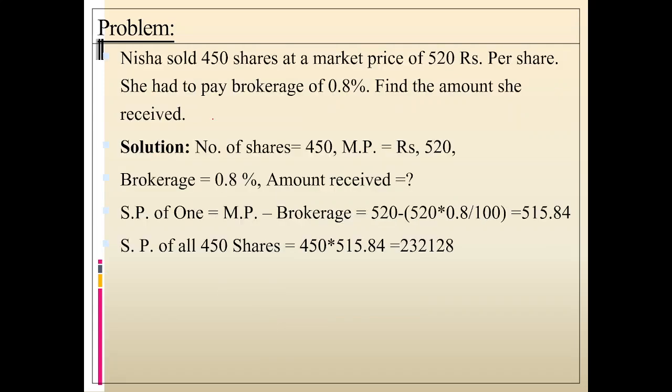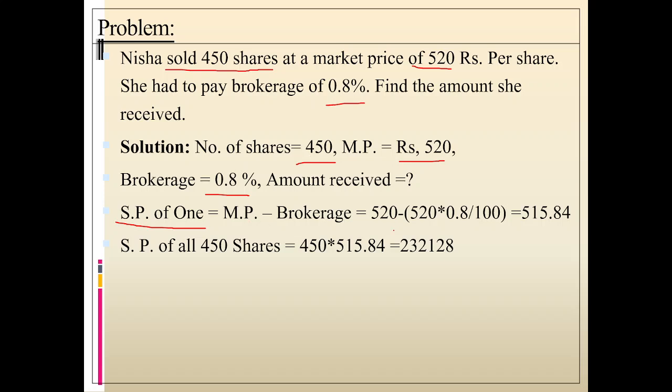Then Nisha sold 450 shares at a market price of rupees 520 per share. She had to pay brokerage of 0.8%. Find the amount she received. Here the number of shares is 450, market price 520, brokerage 0.8%. Selling price of one share is nothing but market price minus brokerage.